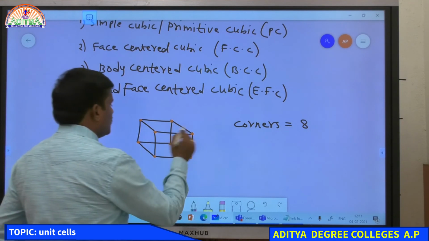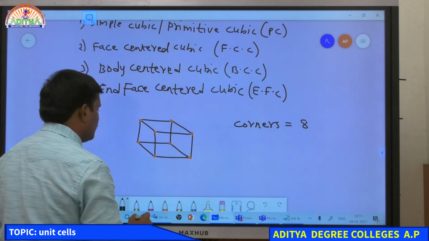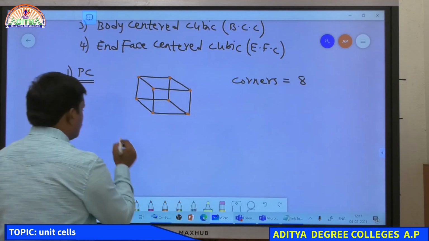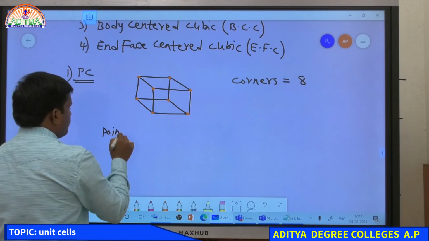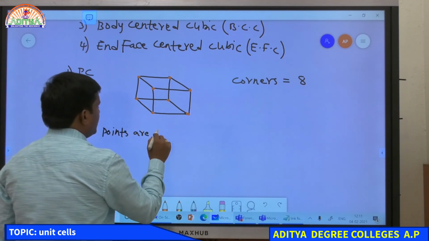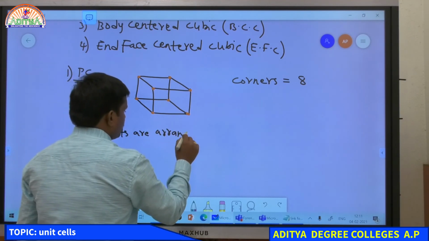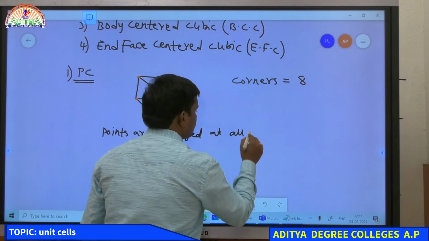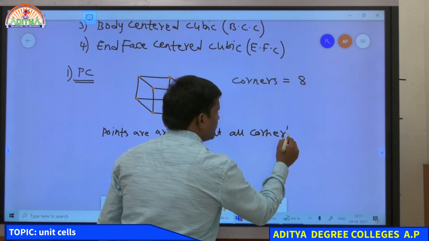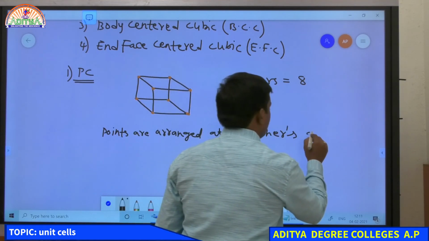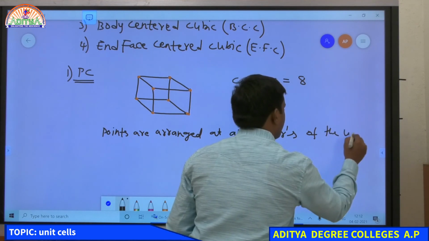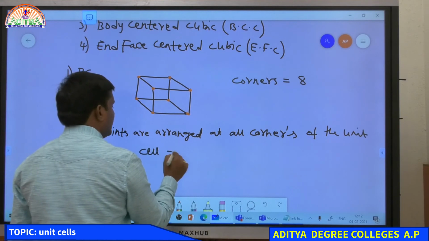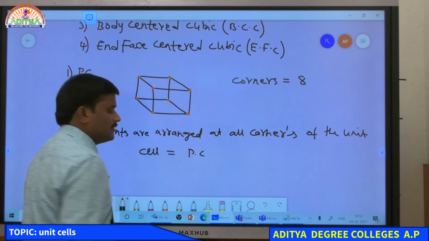Therefore in a simple unit cell, the points are always present at corners. Points are arranged at all corners of the unit cell. Then it is nothing but primitive cubic unit cell.